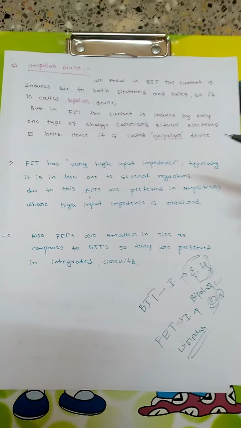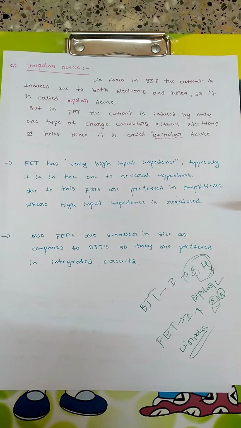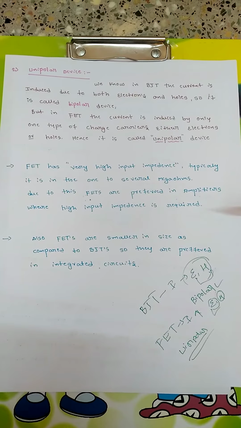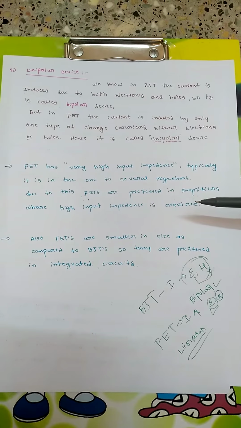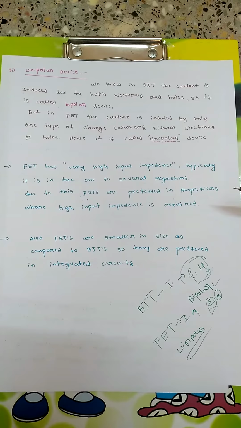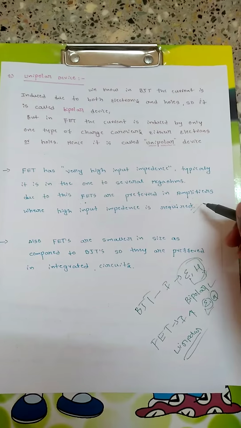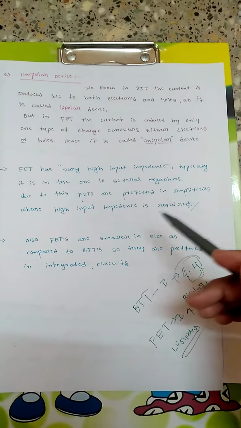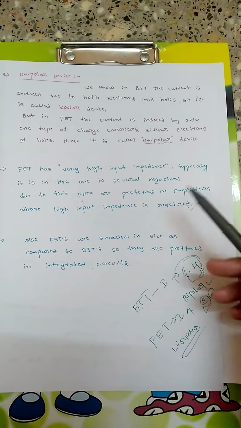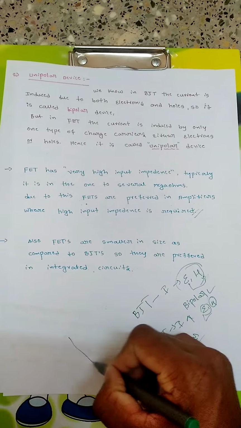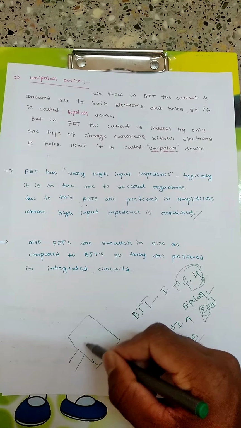So moving to the next point, FET has very high input impedance. Typically it is in the order of 1 to several mega ohms. Due to this, FETs are preferred in amplifiers where high input impedance is required. What is meant by high input impedance is, suppose this is a system.